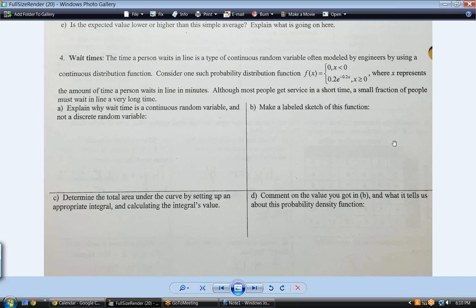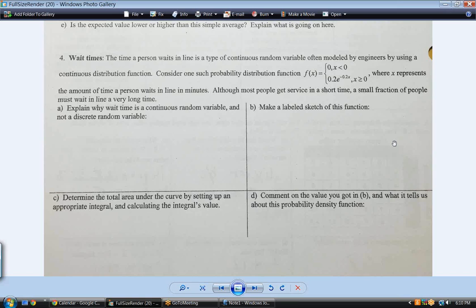Now I'm a little confused here. X represents the amount of time a person waits in line in minutes, right? Right. So what is f of x? The function? Usually they tell you what f of x is.